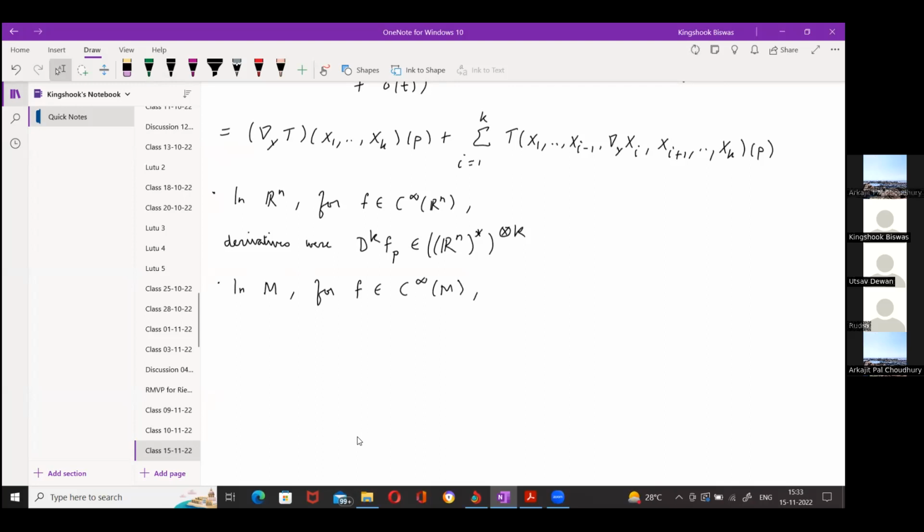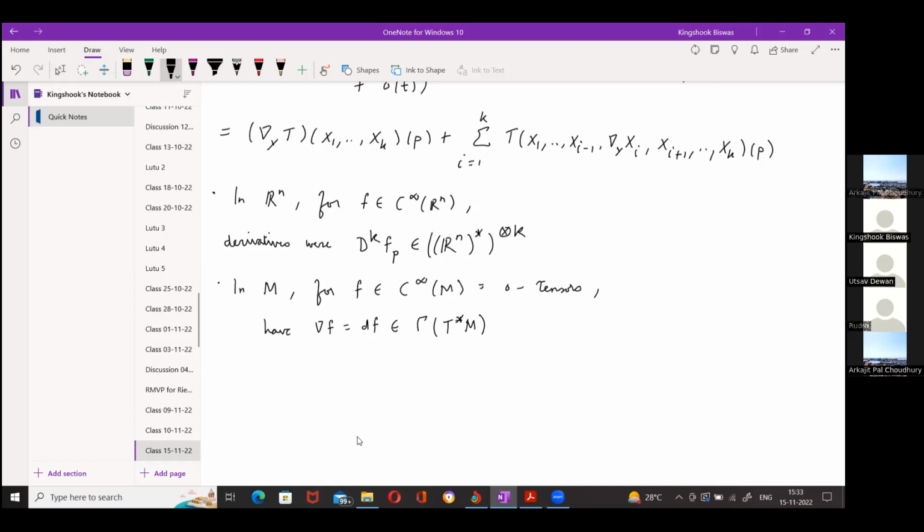We have f in C infinity of M, which is the zero tensor. Then grad f equals df, which is a one tensor.